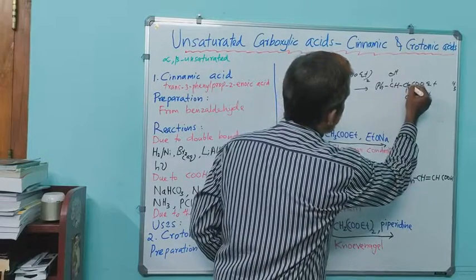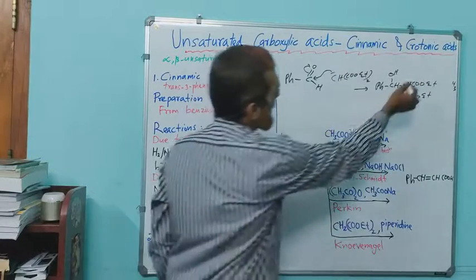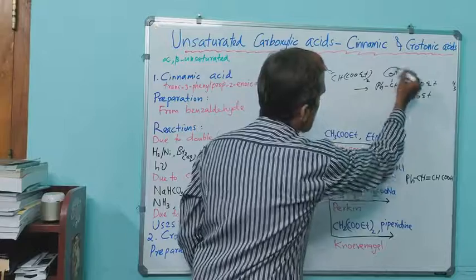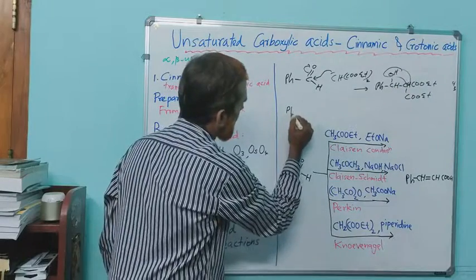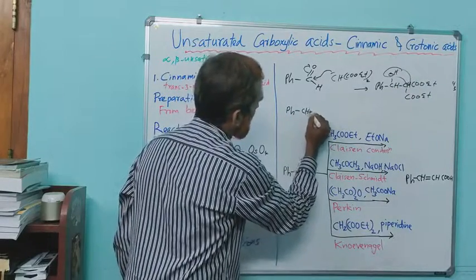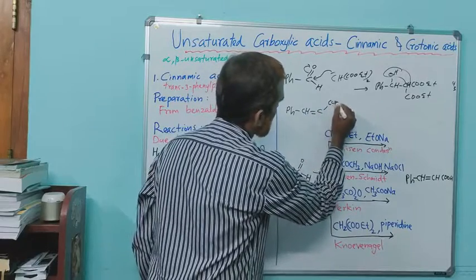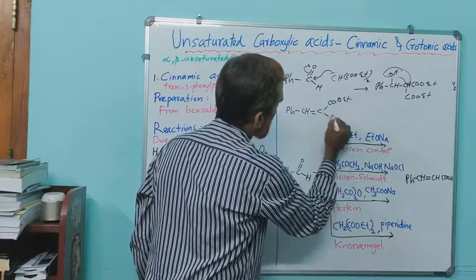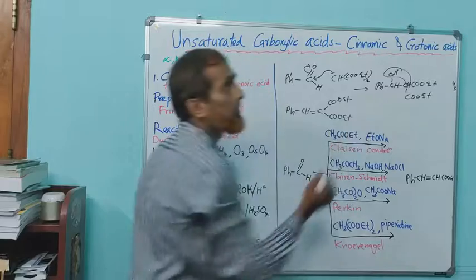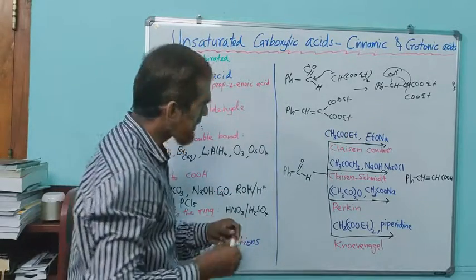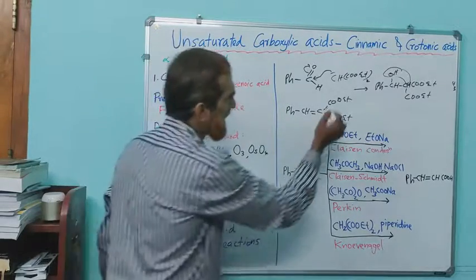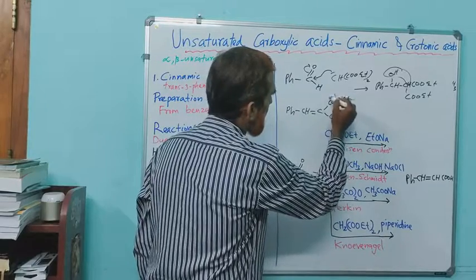One H is also there. What happens? As usual, it will lose water. So it is now PhCH double bond C, COOEt, COOEt. Okay. Now, what happens next is that this will be hydrolyzed like this.